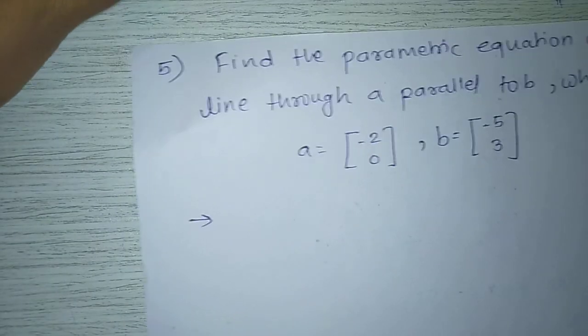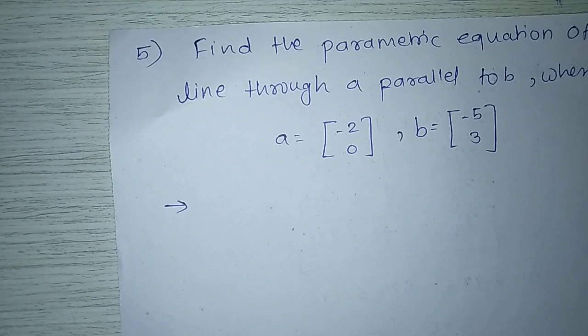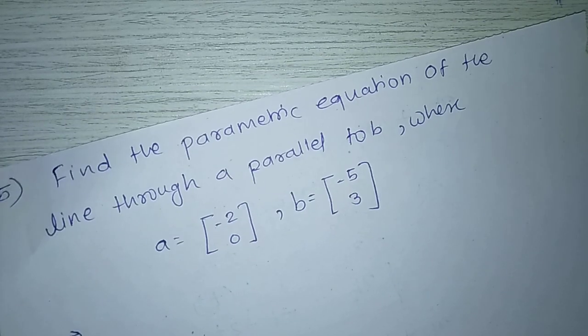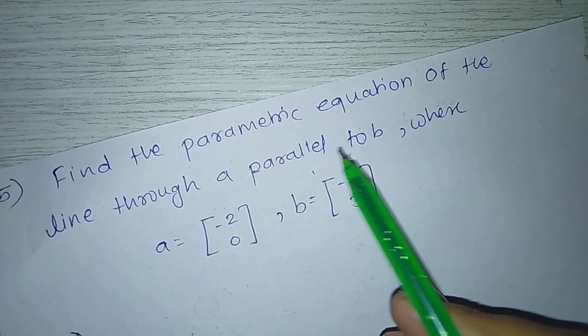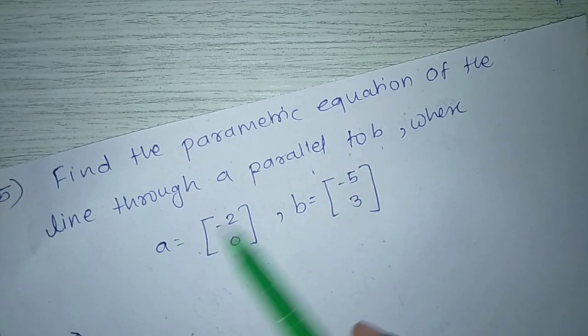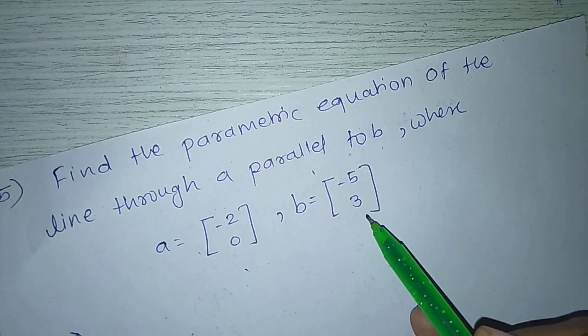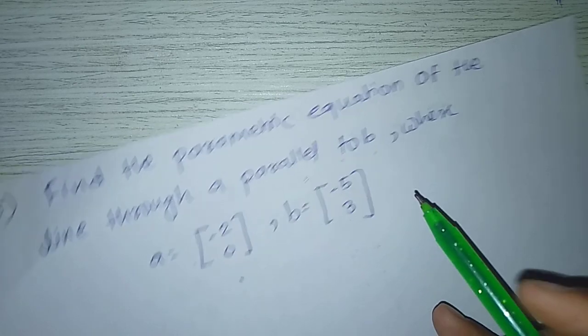Next example. Find the parametric equation of the line through a parallel to b, where a equal to (-2, 0) and b equal to (-5, 3).